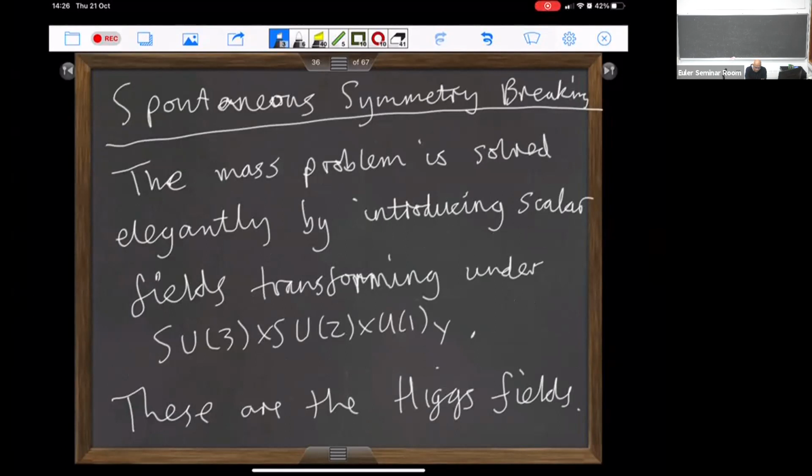From a pedantic point of view, all one does is add some additional fields to the standard model. You include some additional fields, which are scalar fields, transforming in a particular representation of the standard model gauge group. So these fields will be called Higgs fields.